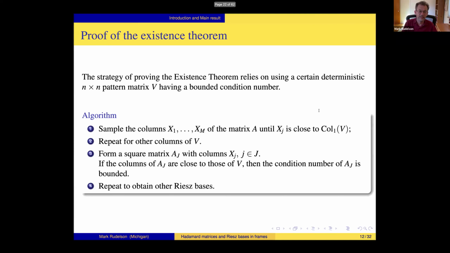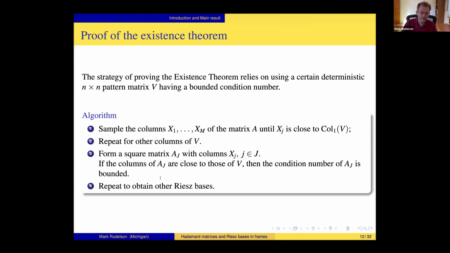So more precisely, I sample the columns of my matrix until I find a column which is close to the first column of the pattern matrix. Then I take this column and continue sampling until I find a column which is close to the second column of the pattern matrix, etc. And this way, I form a square matrix when I have exhausted all the columns.